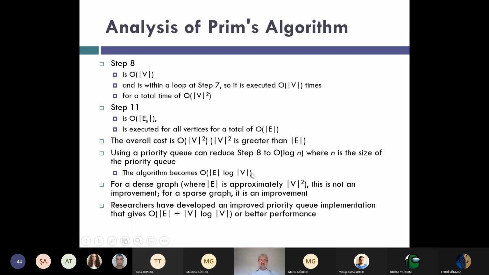And with some special priority queues you can reduce this to e plus n log n as well. I'm not going to talk about this, but you can implement the m log n case using a priority queue and adjacency list. This is possible, as I said, with adjacency list and priority queue, and it is good when the graph is sparse. If you have a dense graph, use adjacency matrix, and then this will be the running time.